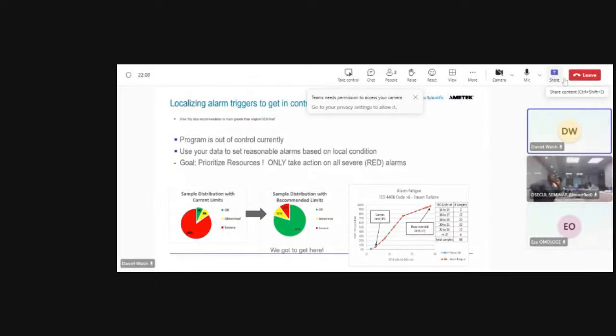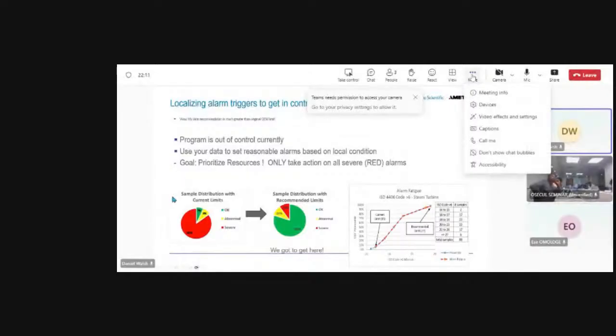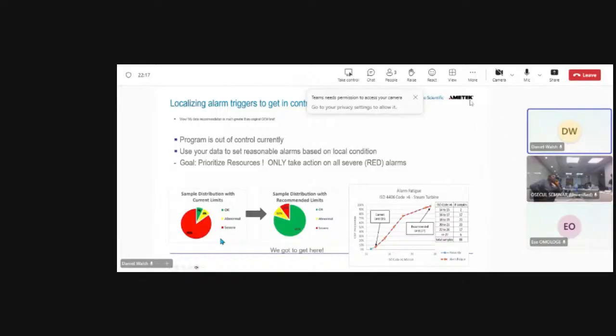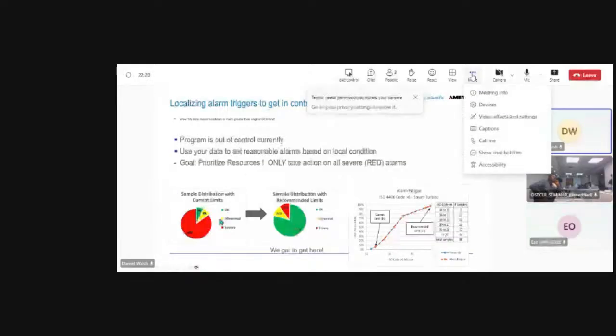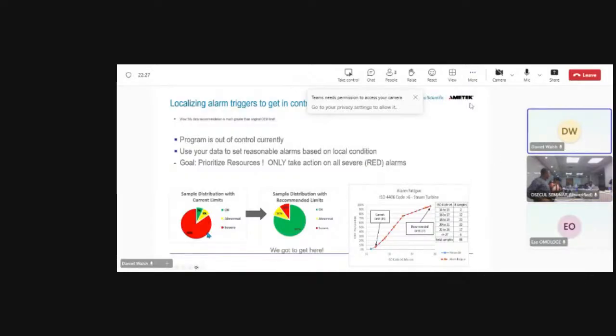The alarms are not reasonable. And what you end up with is a situation like you see down here on the left-hand side, where if you look at that box with sample distribution, 85% of the samples they were testing were abnormal. That's crazy. You cannot manage a facility if 85% of your samples are in alarm.